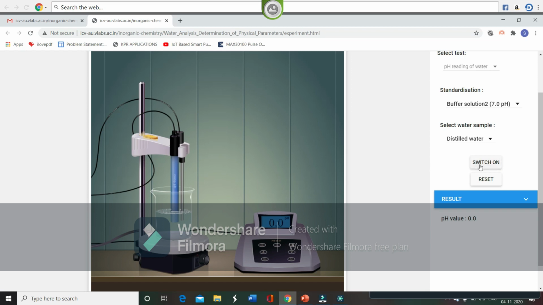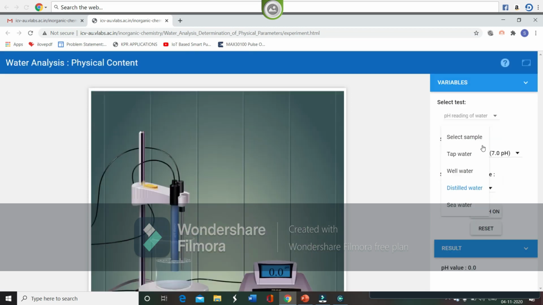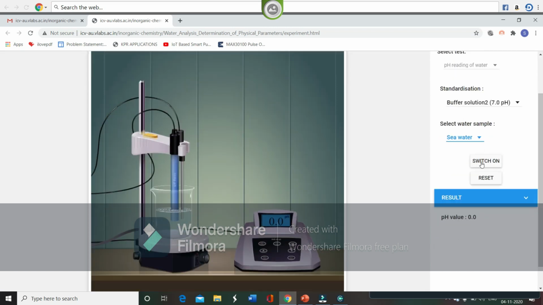The fourth sample is sea water. Switch on the meter and the meter reads 7.8 pH. Now we have completed the calibration and testing pH of 4 samples that we have taken today.